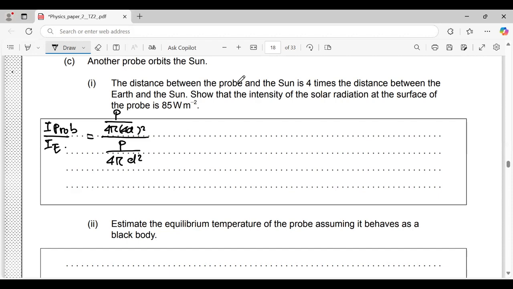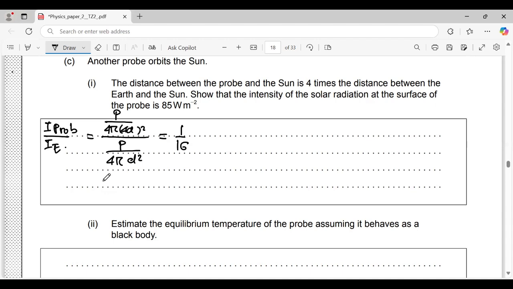And it equals 1 over 16. Why 1 over 16? Because 4 squared gives 1 over 4 squared, which is 1 over 16.